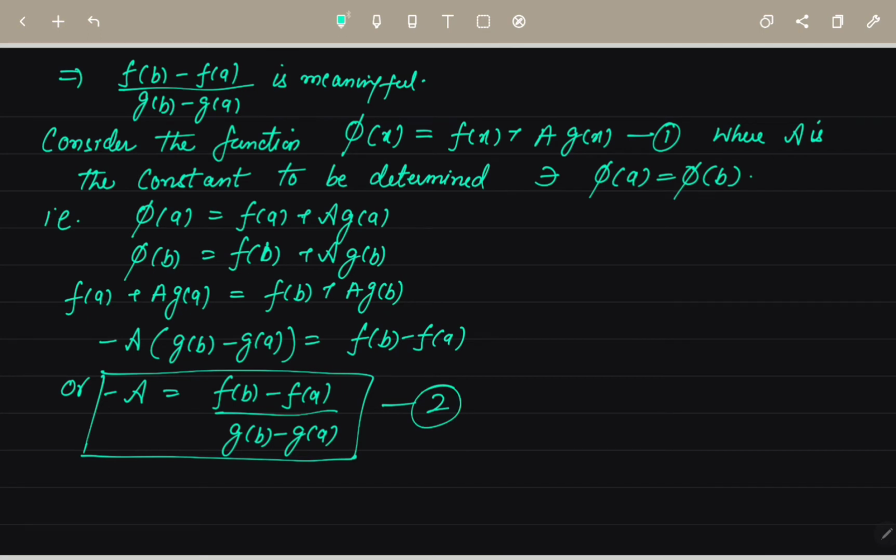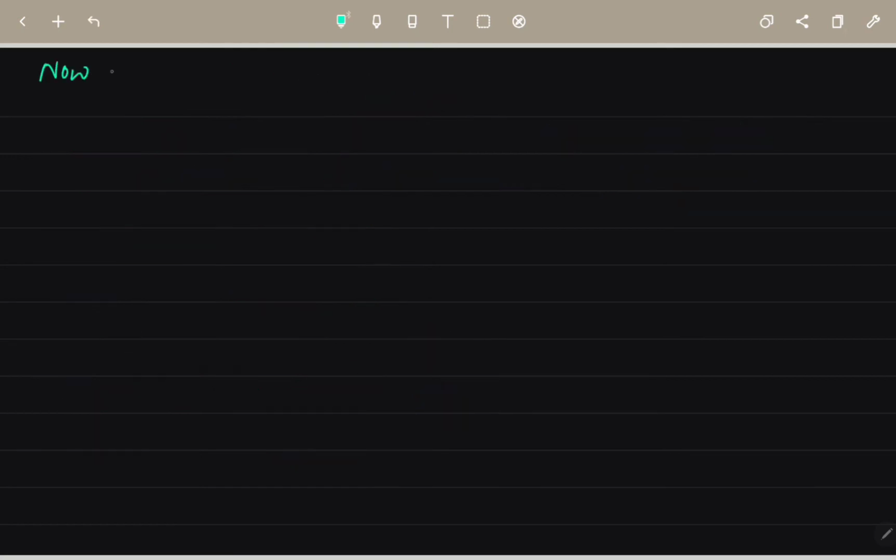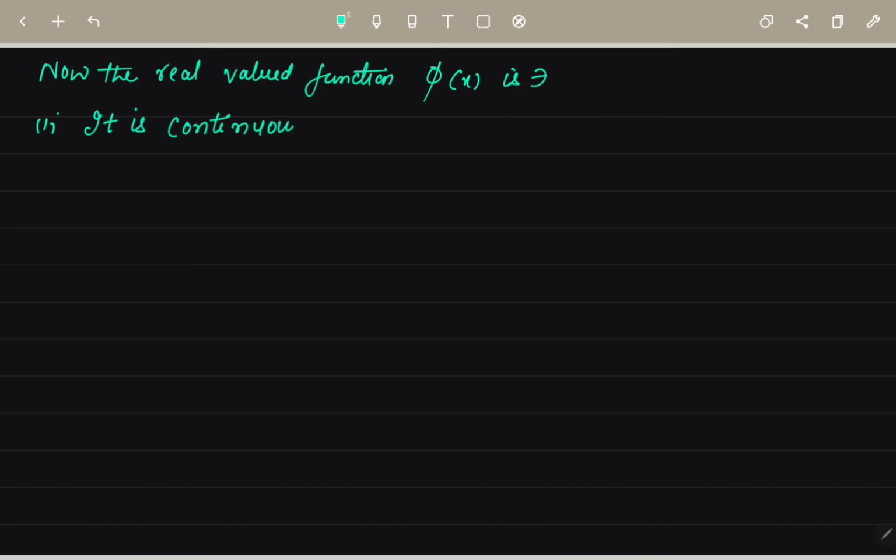Now this function phi x basically satisfies all the conditions of Rolle's theorem. How? I will prove this. The real valued function phi x is such that, first, it is continuous in the closed interval a b.